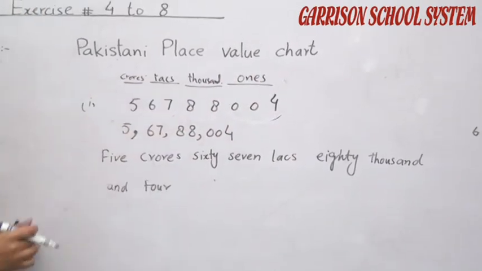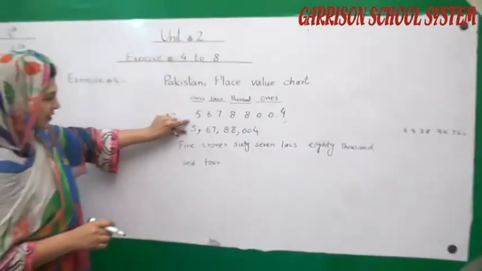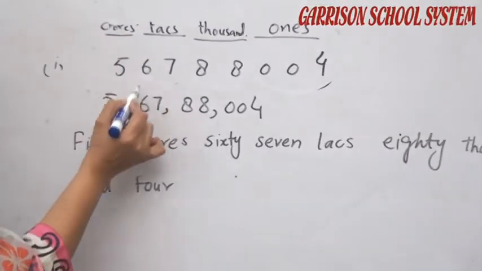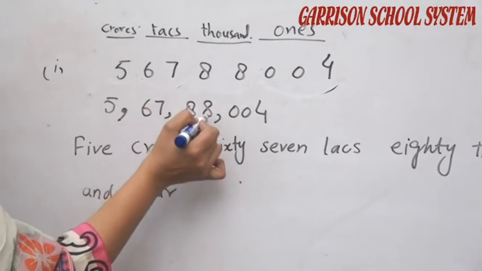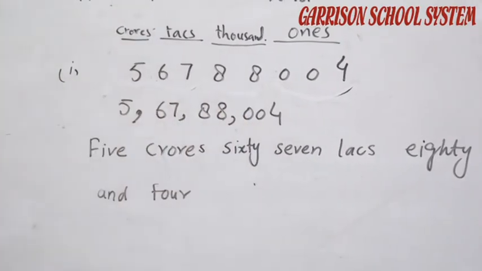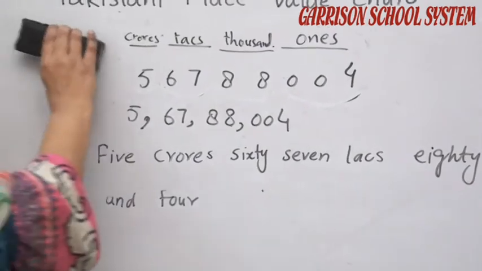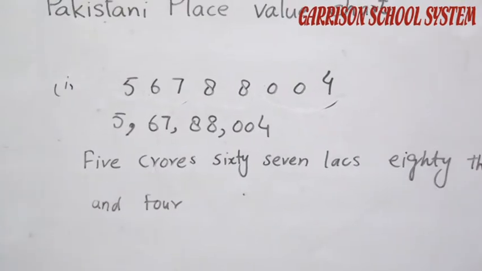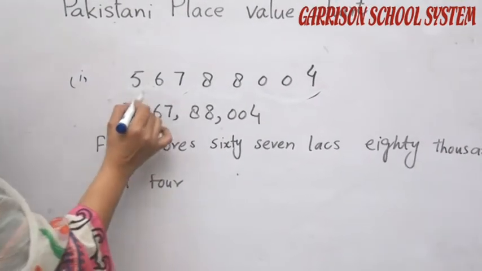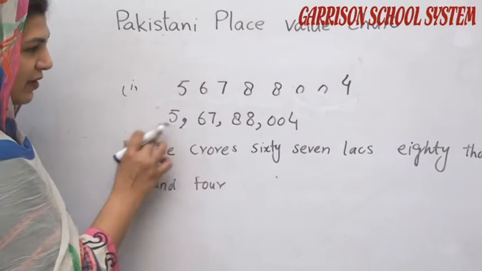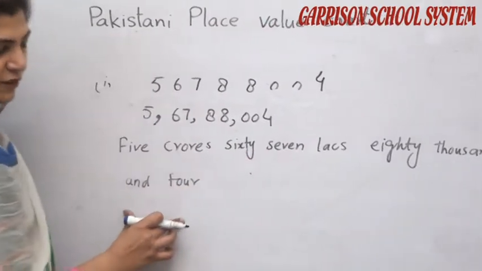So in this way the number can easily be read: 5 crore 67 lakh 88,000 and 4. So this is the question which has been solved in this way. You also have to solve in this way. First of all, you put the commas in between the digits, and afterward you will write in the words form.